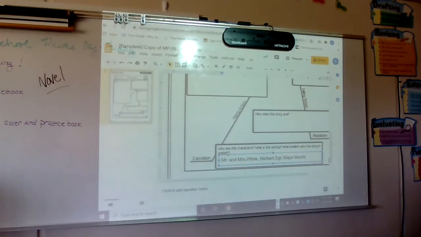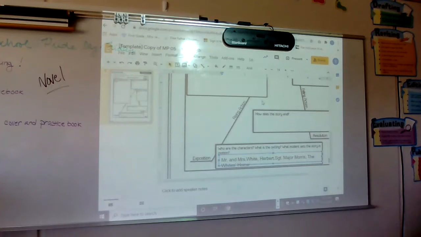What else is part of the exposition? Lucas? The setting. So what is the setting of this particular story? The house. England. The White's home. Can I extend that? Okay, when is it? Do we know? No. I mean, there were machines.